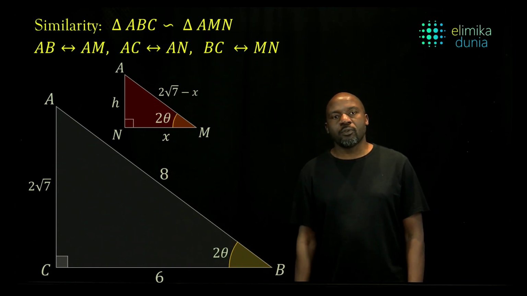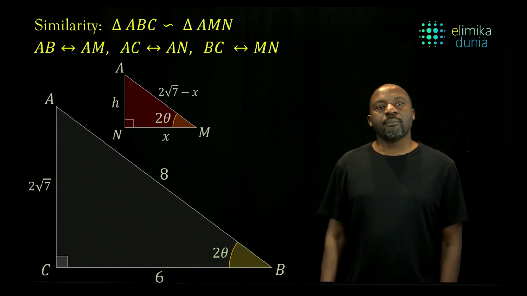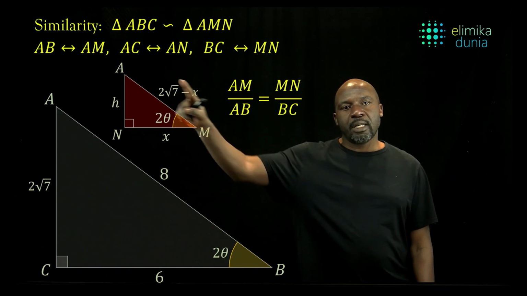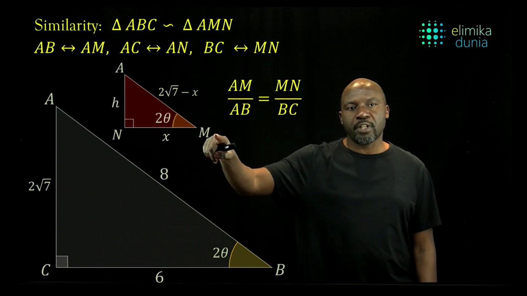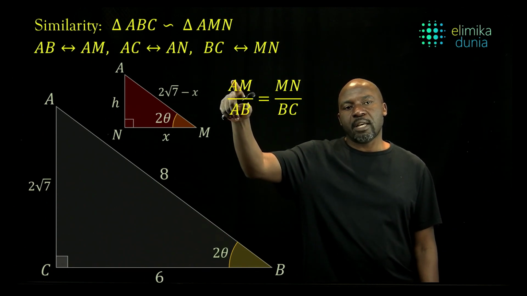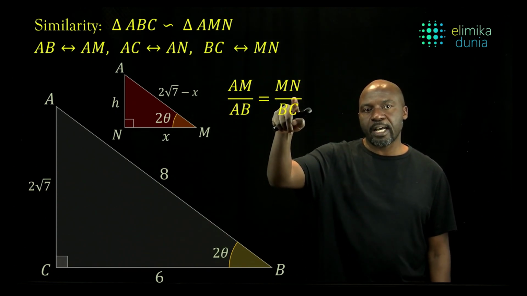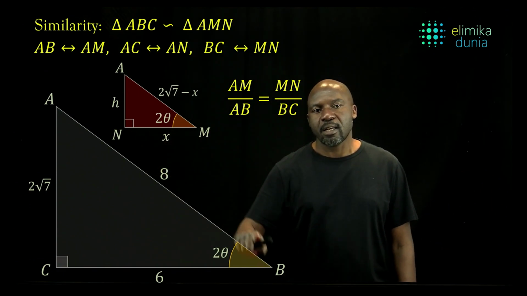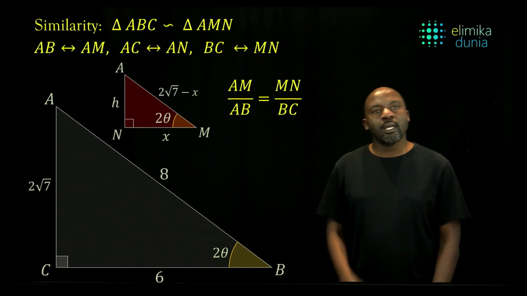So now let's go into the idea of similarity. From similarity, we know that the ratios, if I take AM, which is the hypotenuse there, divide by the hypotenuse here, whatever I get must be the same as the ratio of the next corresponding sides. So another corresponding side would be MN, which is the base there, divided by the base there. Okay?